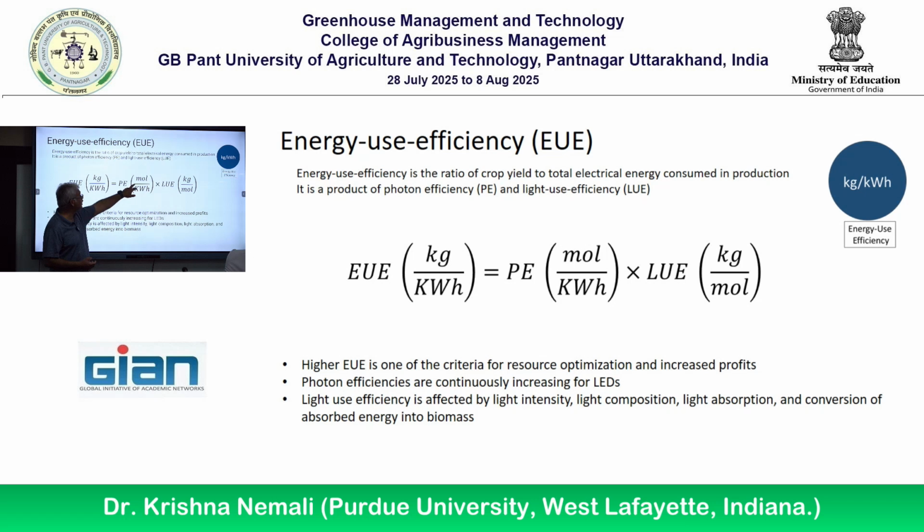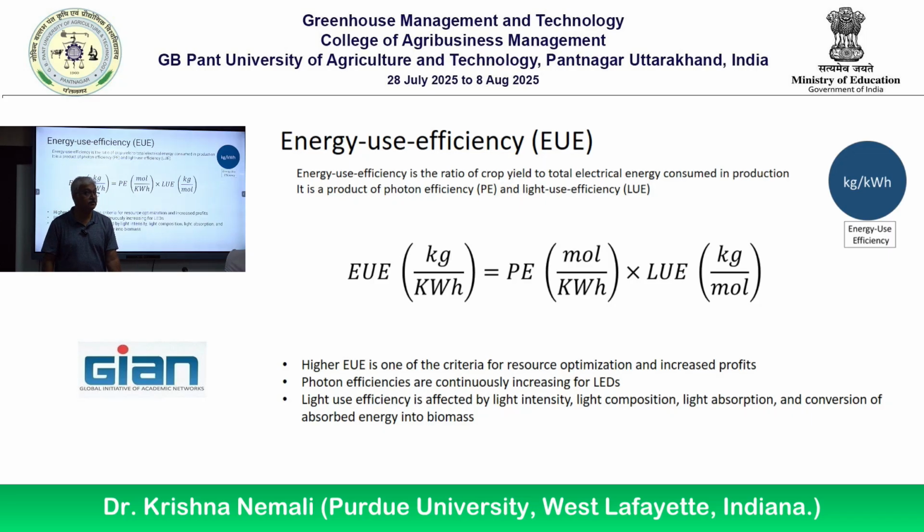What is photon efficiency? How much light you can get for every unit of electricity that the light fixture consumes. Remember the photon efficiency graph I've showed you? For LEDs, the photon efficiency is like 2.1, 2.4, something like that. As the photon efficiency increases, what benefit do you get?